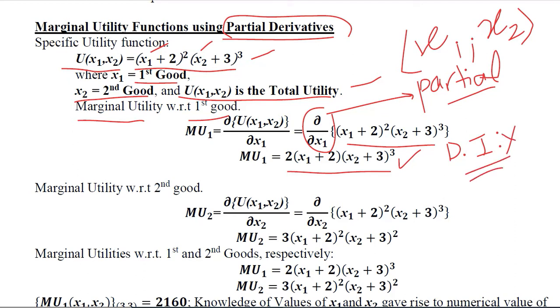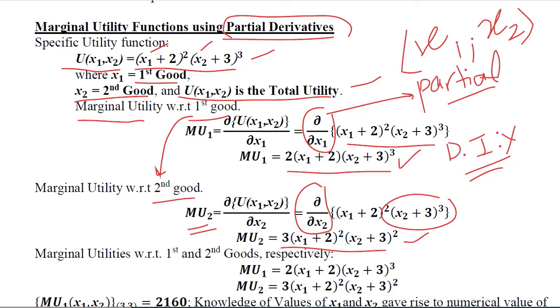Since we have found the utility with respect to the first good, we can also find it with respect to the second good. This is mu2, and for this we have to calculate the derivative with respect to x2, and the answer is this, where we have focused on this part that contains x2.